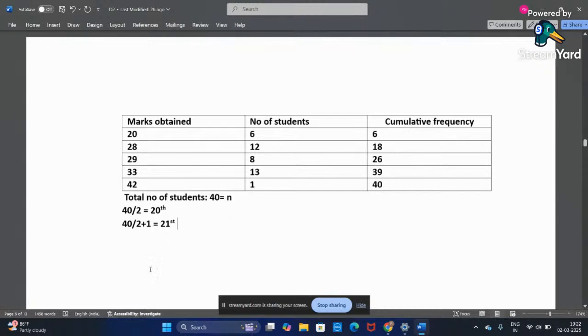We are using this formula, n by 2, to find the median. When it is an even number, to find the median we have to use n by 2 and n by 2 plus 1. Make a note of this. In the same way, by applying this formula we get the 20th term and the 21st term. Any doubts?